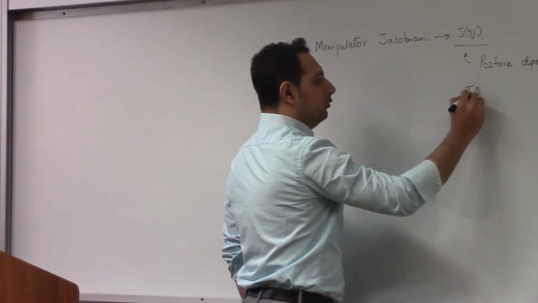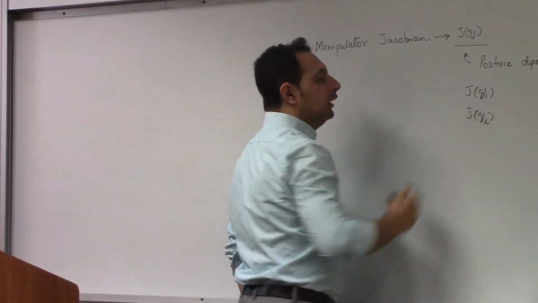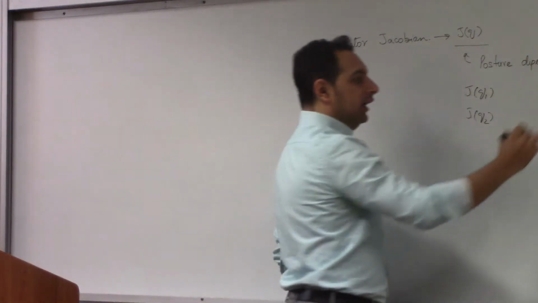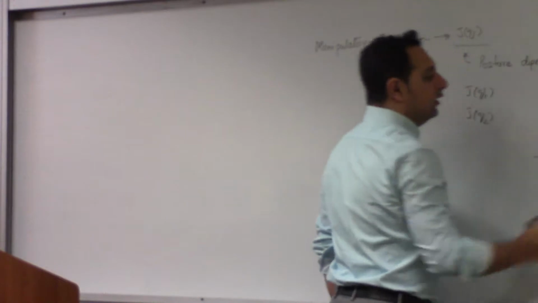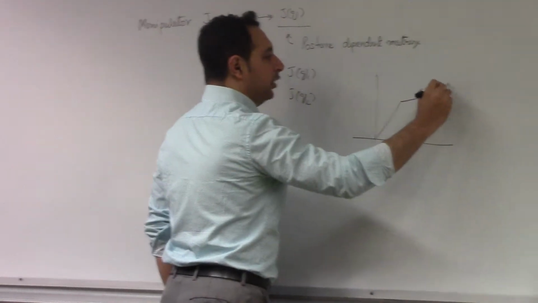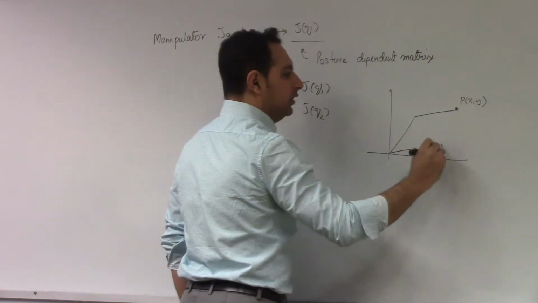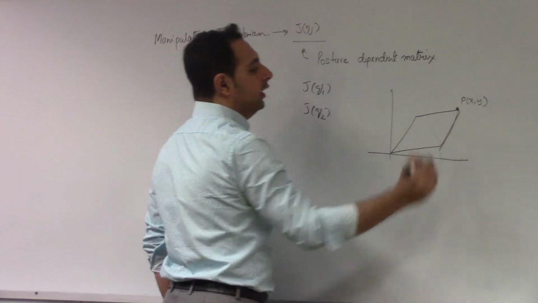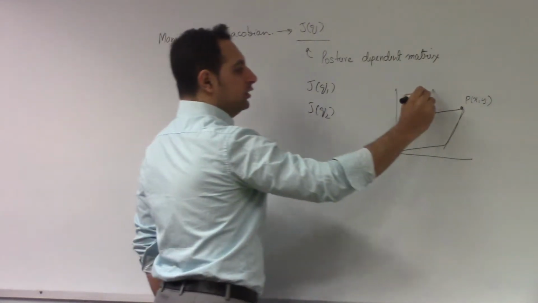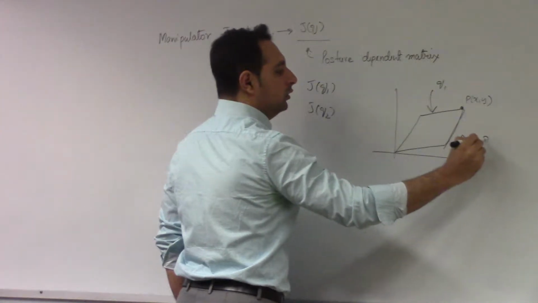For example, you can have J of Q1, depending upon what posture it is, J of Q2, and so on. In the simplest case, we studied that when you have a 2 degree of freedom manipulator, even though they reach the same point P, X, comma, Y, because the posture is different, you have different configurations, elbow up and elbow down. If this is the posture Q1, this is the posture Q2.